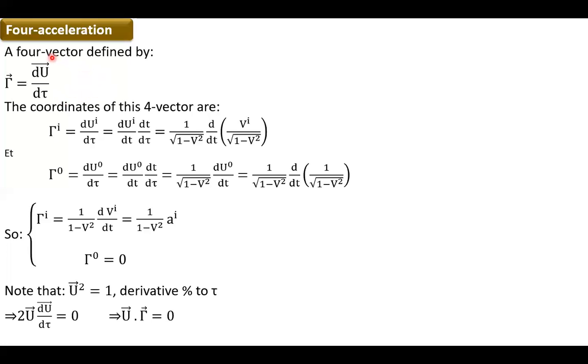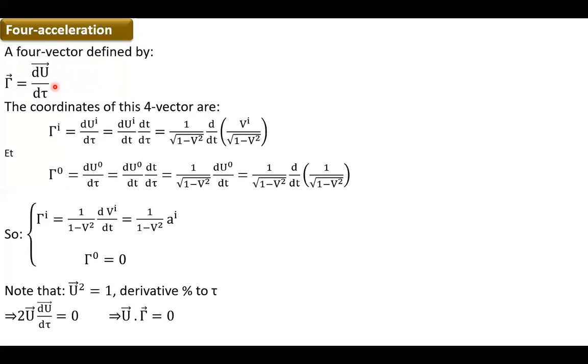So we will define our 4 vector acceleration by the letter gamma, major gamma, with a vector. So gamma is equal to du, so u, you know, is the velocity vector, the 4 velocity vector, over d tau.